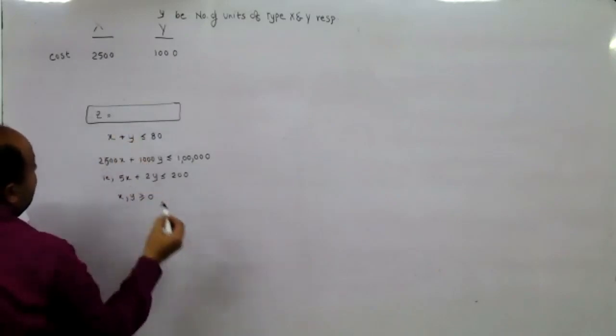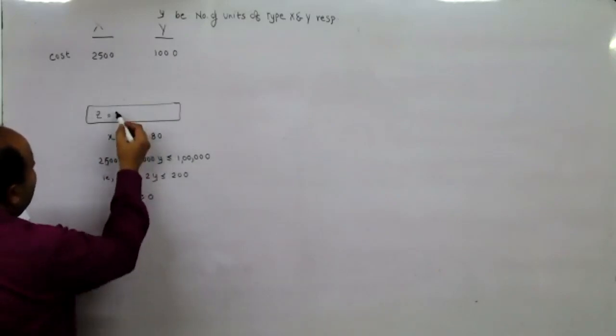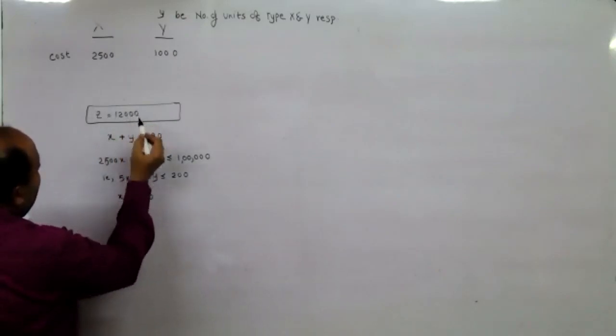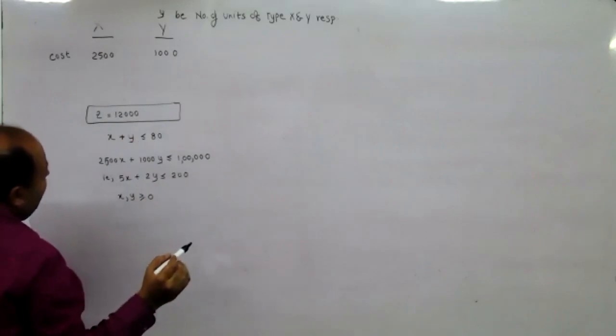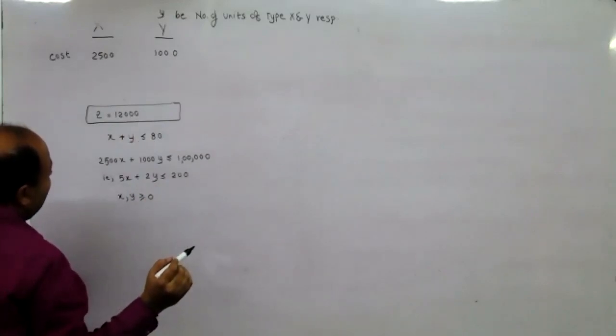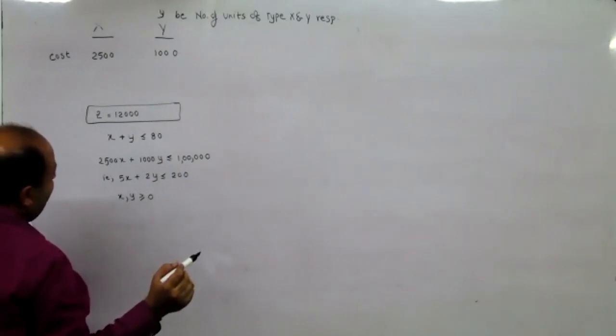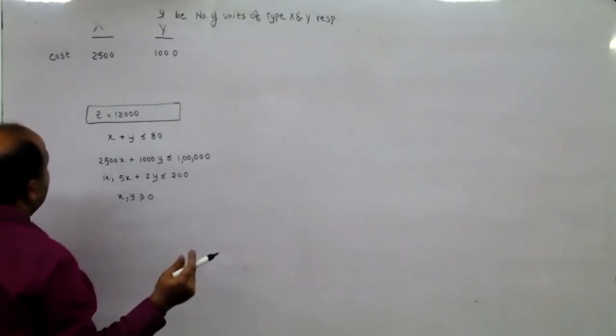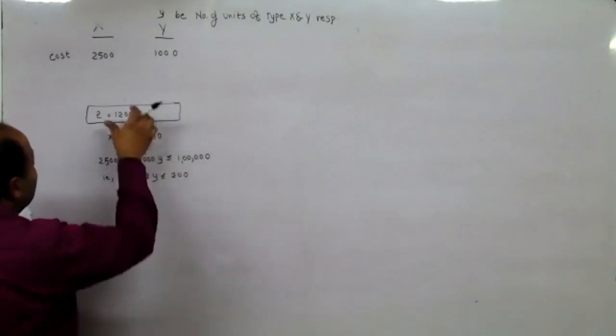Z equal to 12,000. X is equal to 40 and Y is equal to 0. What is the function? We don't know the function.